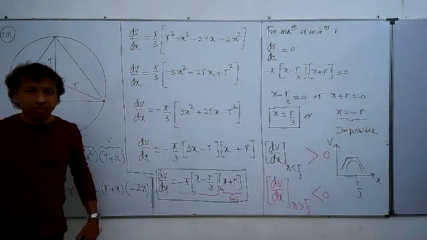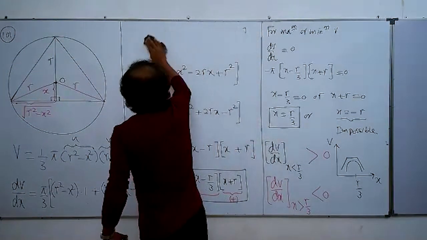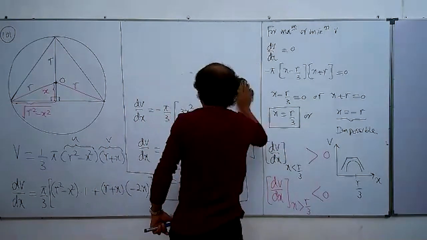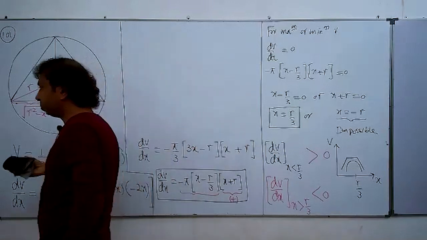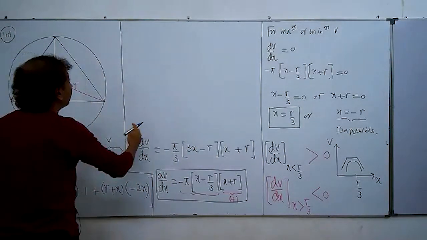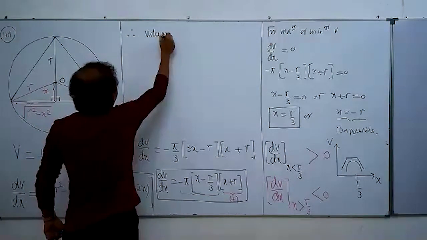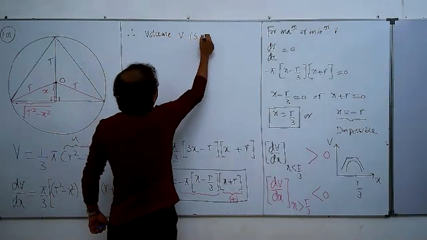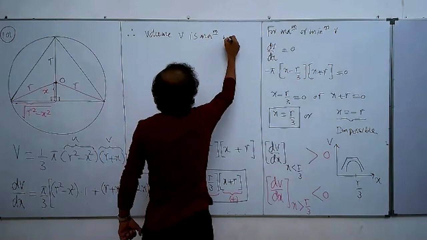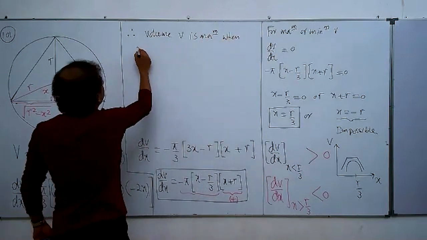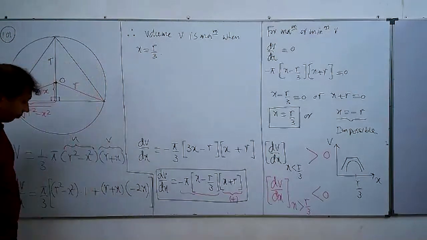Therefore, volume V of the cone is maximum when x equals r by 3.